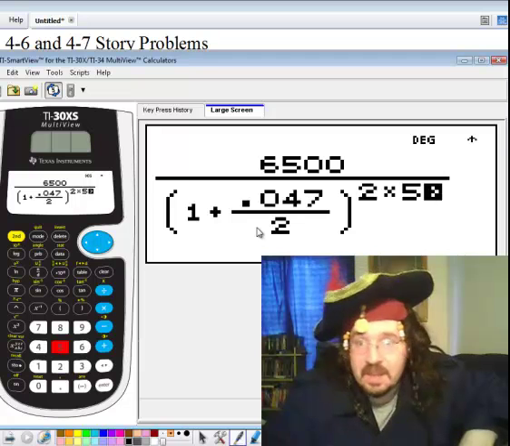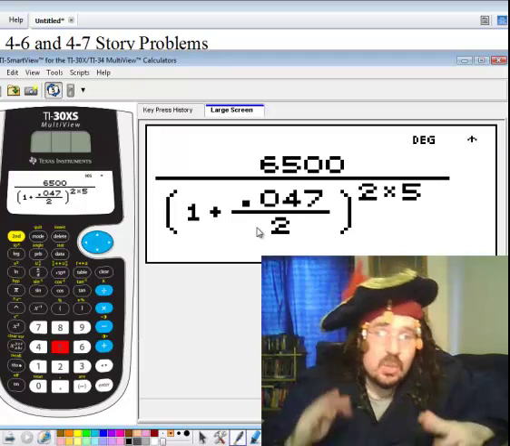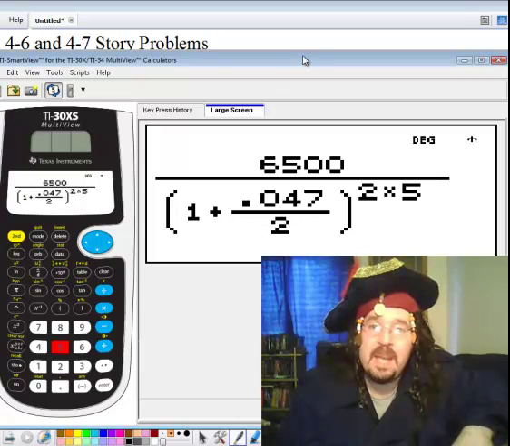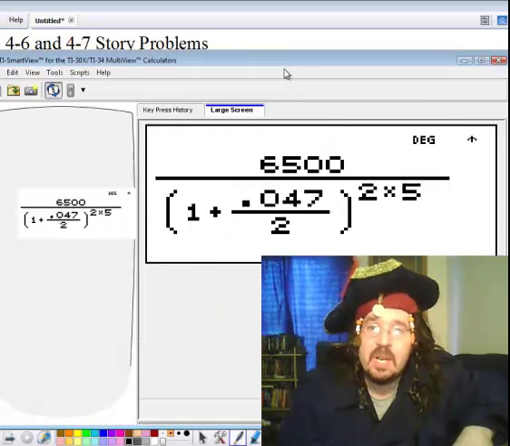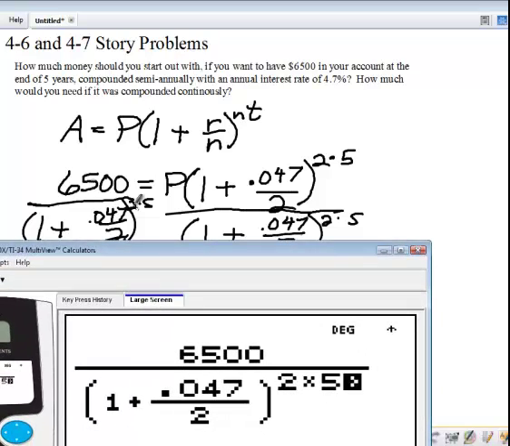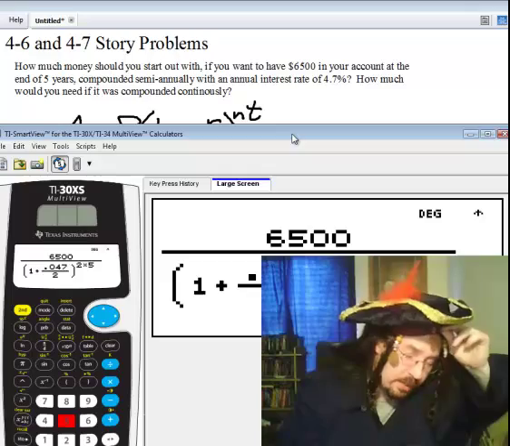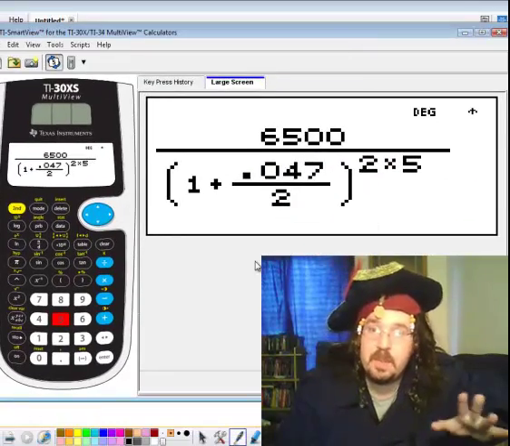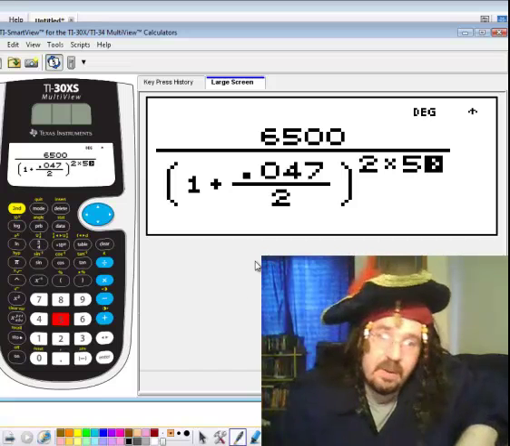Now, the lovely thing about these calculators, as I've said, you can see that they've been punched in exactly as it's written on your paper. If you look right here, you can tell that you've done everything correctly. You don't have to worry about exponents not actually being put in the exponent where they're supposed to be and accidentally being multiplied by everything.